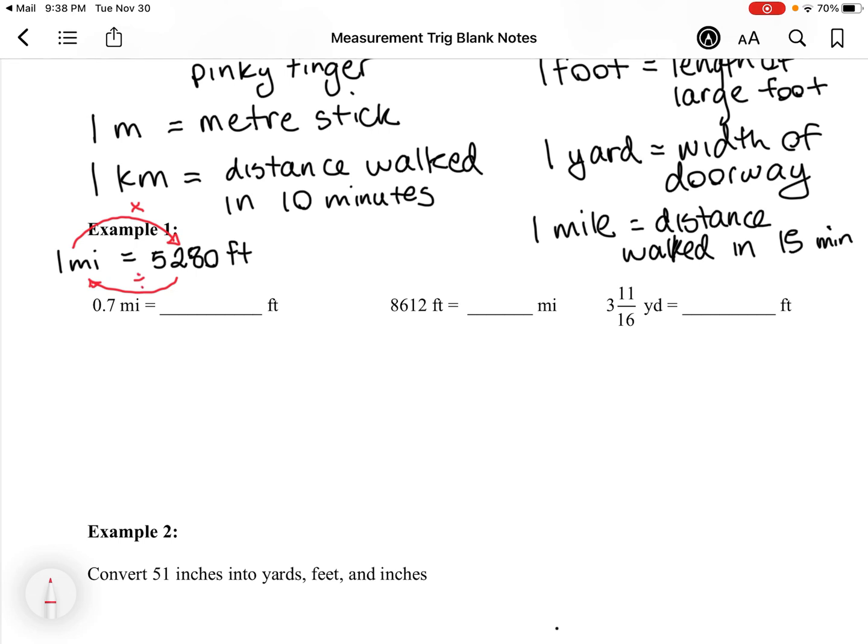So here, if we're trying to convert 0.7 miles into feet, we have to multiply by that conversion factor. I'm just going to do that on a calculator. So 0.7 times 5,280, and I get 3,696 feet. Okay, so that's probably something you've done in the past.